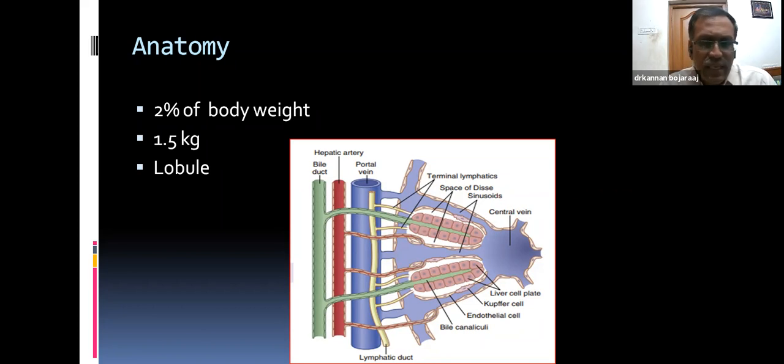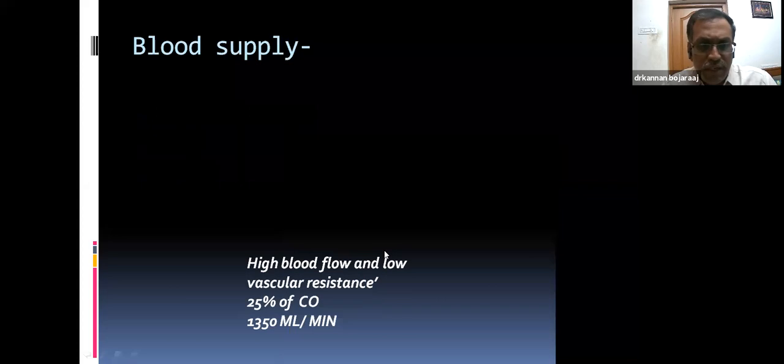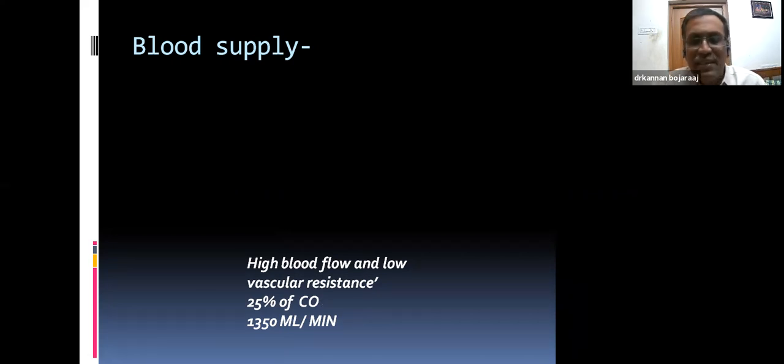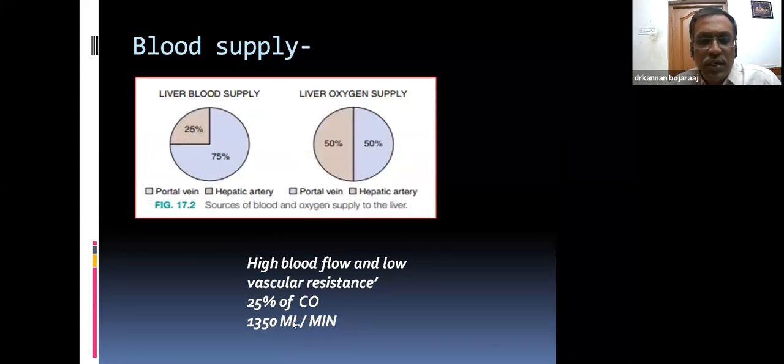Okay. And here there is a blood flow from here, and the liver has a very high blood flow and low vascular resistance, and it receives 25% of the cardiac output. The blood received by the liver is roughly about 1300 to 1500 ml per minute. That is the 25% of the cardiac output.